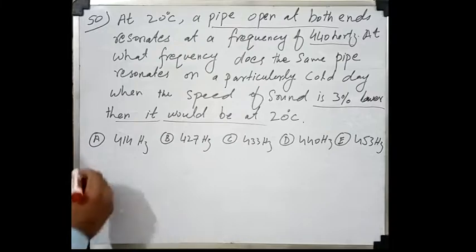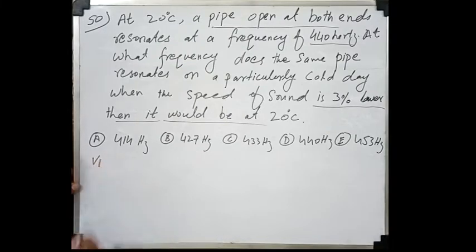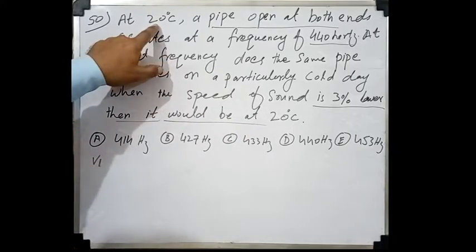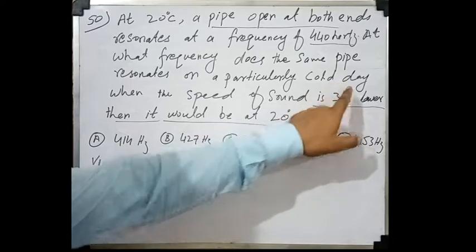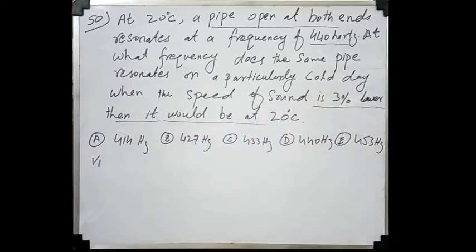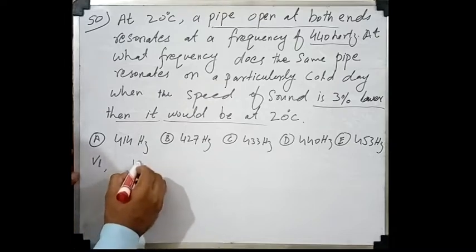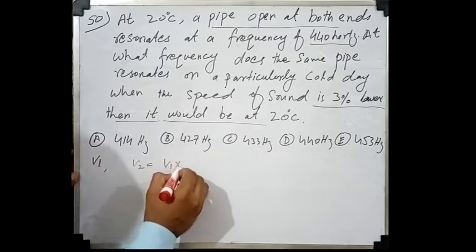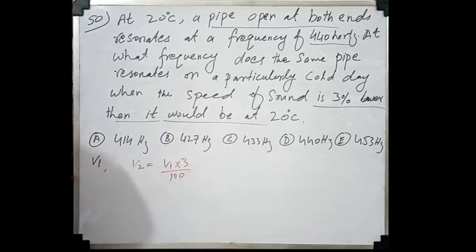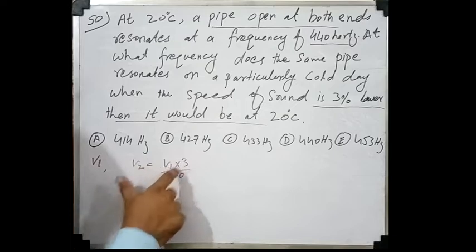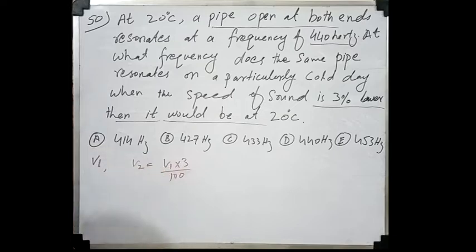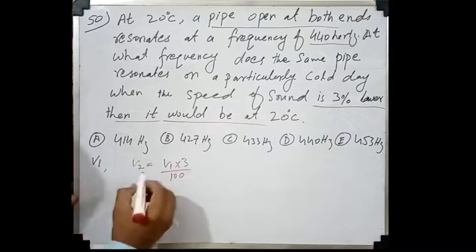Now the initial speed is V1 at a temperature of 20 degrees centigrade. When the temperature decreases on some cold day, the speed also decreases by 3%. So V2 will be 3% lower than the initial one.